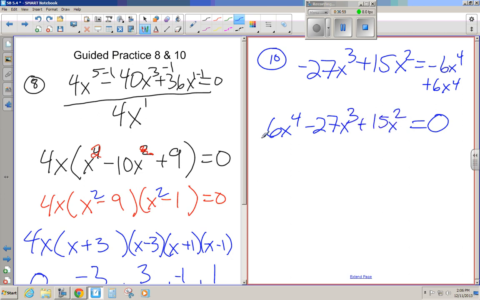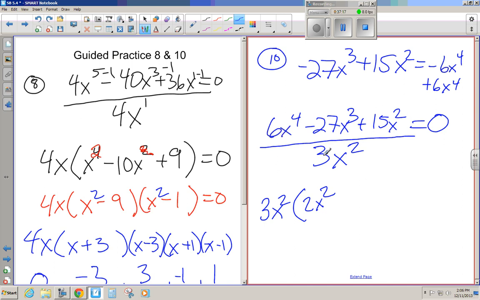Now, if you look closely here, there isn't anything really nice to come out except for the fact they're all divisible by 3. They're also all divisible by x squared. So that is what you pull out. That's a 2x squared, that's a minus 9x, and that's a plus 5.